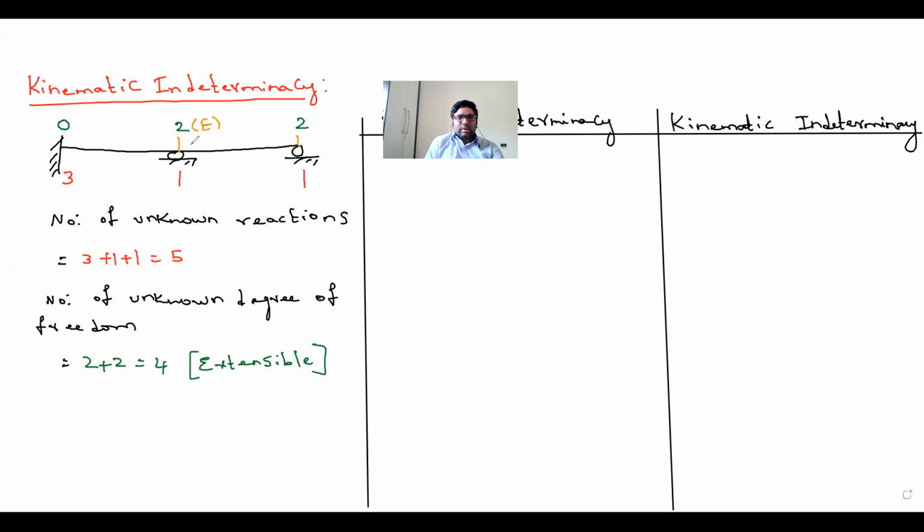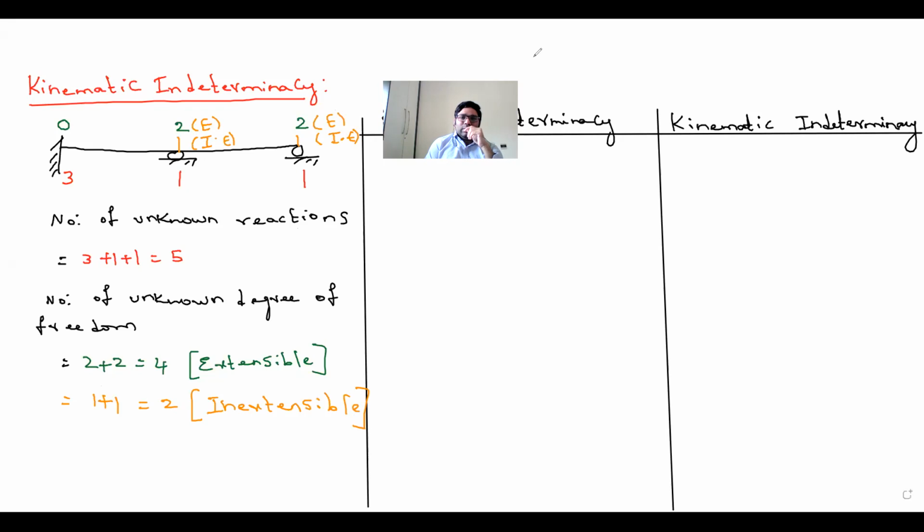In brackets I am writing this is extensible, this is inextensible. This is also extensible, this is inextensible. Horizontal is ignored. So that is equal to 1 plus 1, that is equal to 2. This means inextensible.